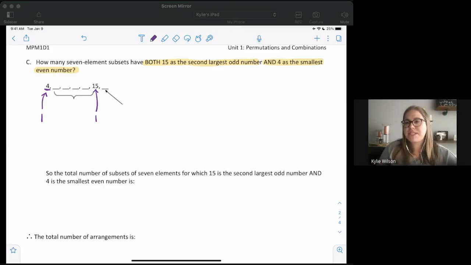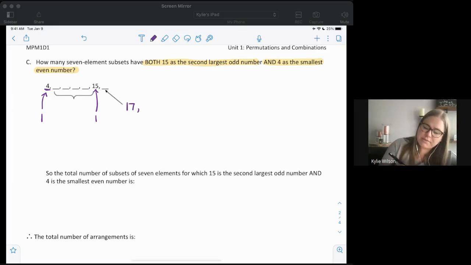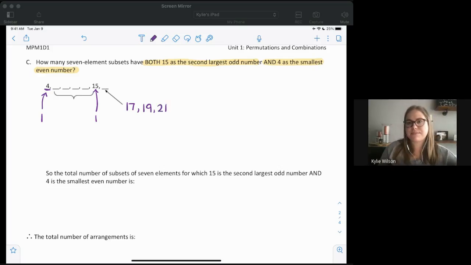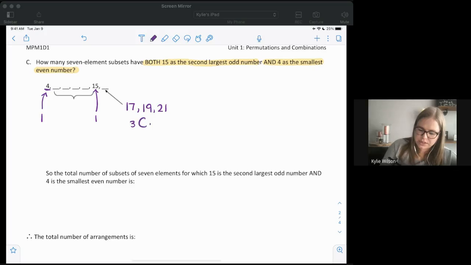Now 15 is the second largest odd number. To ensure that that's the second largest odd number, we can only choose one odd number bigger than it. So here we can choose from 17, 19, or 21. So there's 3 options for those, and we have to choose one of them.